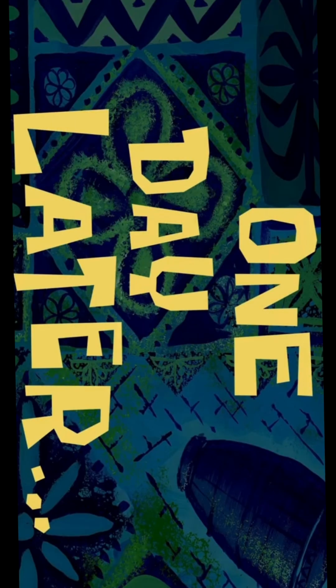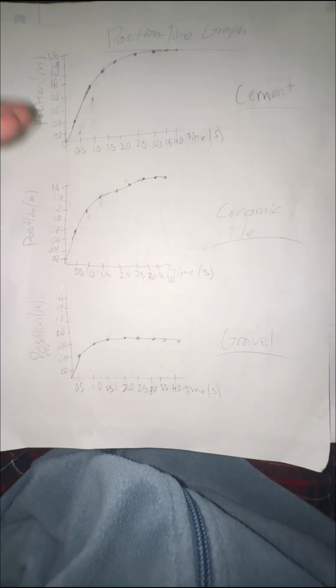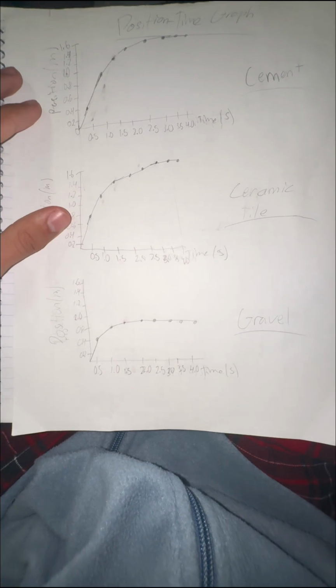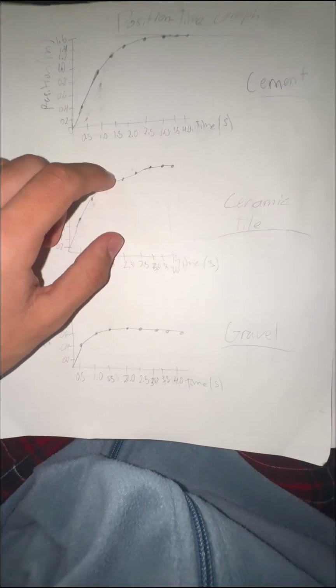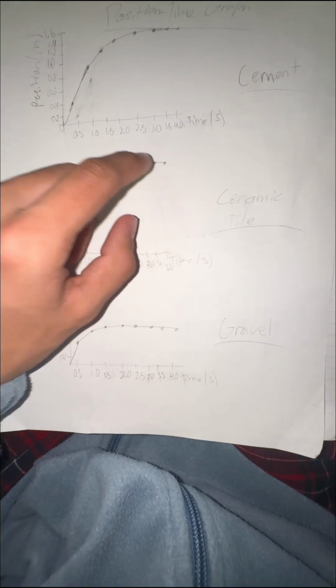One day later. Alright, to start off, we have a position time graph for all three of our surfaces. To start off, we have the cement one. We have the position in meters and the time in seconds. For cement, it stopped at approximately 3 seconds.